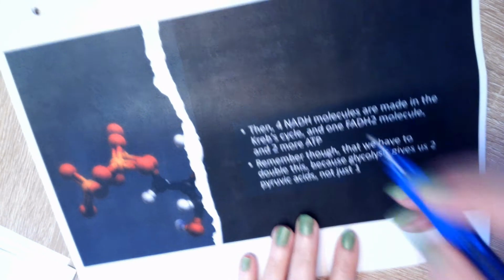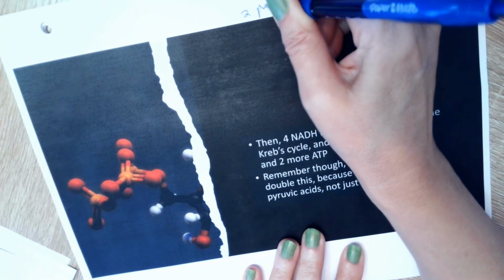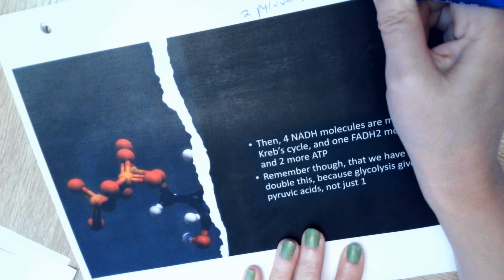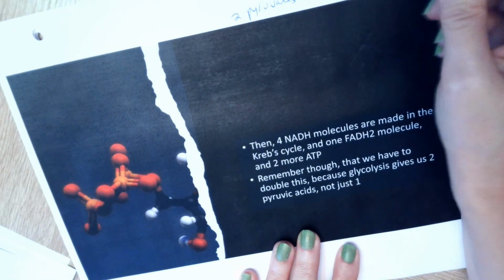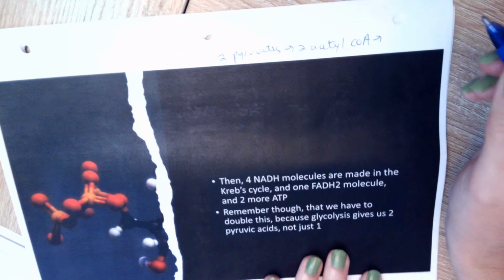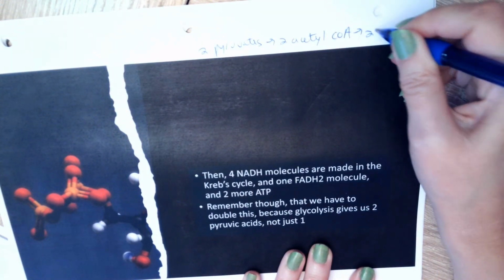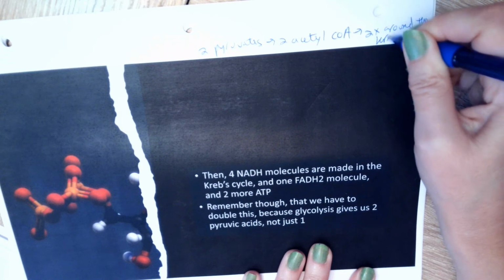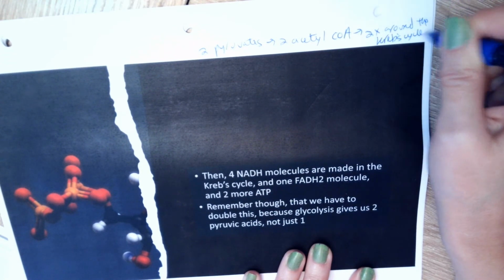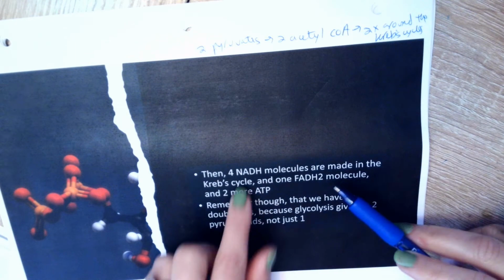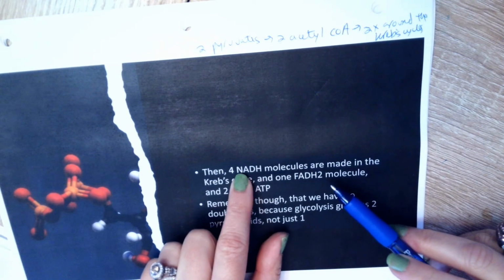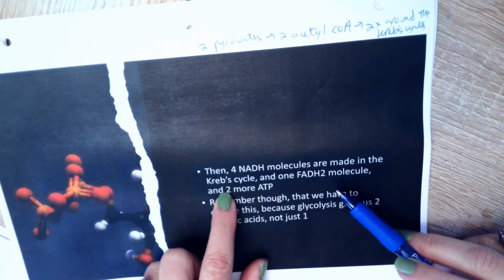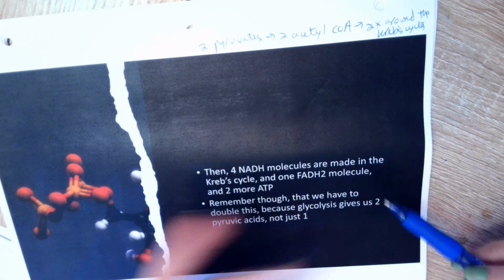Now remember, we have 2 pyruvates, which means we have 2 acetyl-CoA molecules to enter the Krebs cycle. So we have 2 times around the Krebs cycle for each glucose molecule that we started with. So we have to double all of this, so it would be 8 NADH molecules, 2 FADH2 molecules, and 4 ATP because it's happening twice.